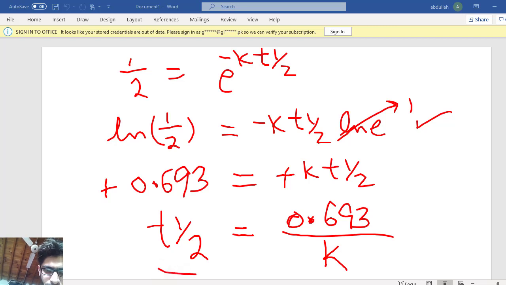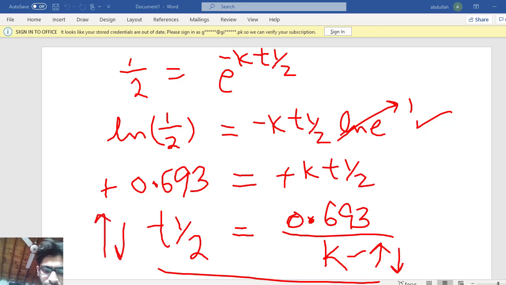So the half-life for a first order reaction depends on the rate constant. If we increase the rate constant, the half-life will decrease, and 0.693 is a constant value equal to ln 2. So this is all about the half-life for the first order reaction.